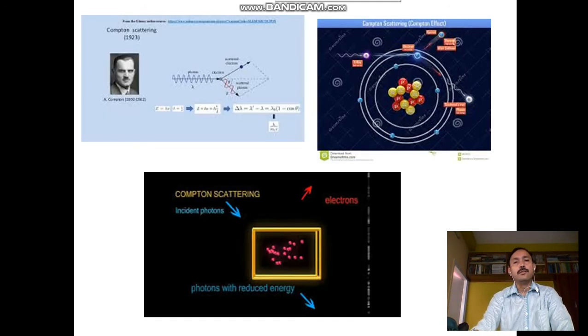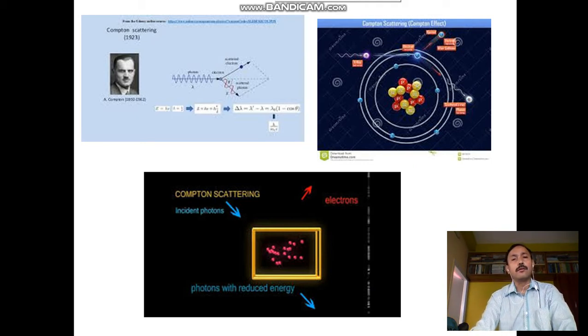Compton in 1923 observed the fact that when X-rays, that means highly energetic photons, fall on some metal surface where there are loosely bound electrons, just like graphite, carbons, then electrons are scattered and photons also scattered.